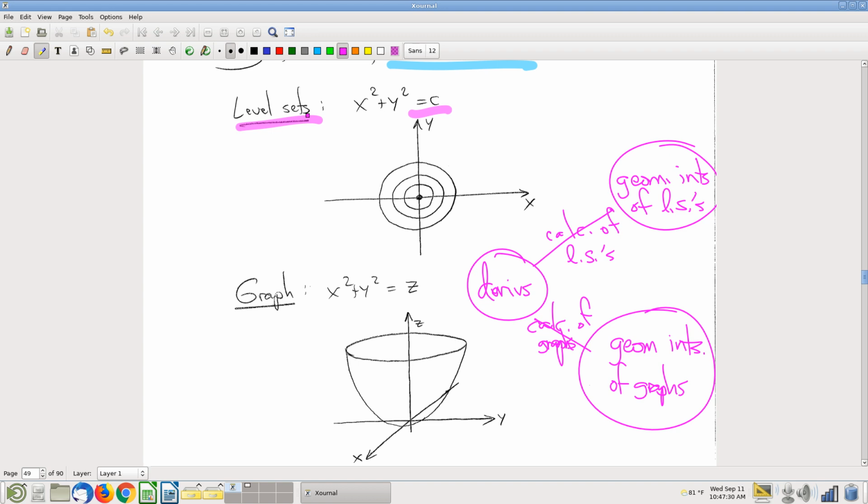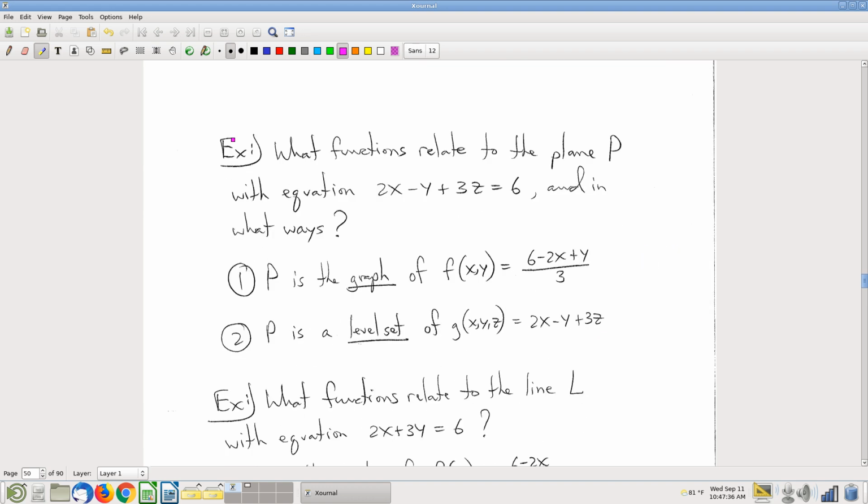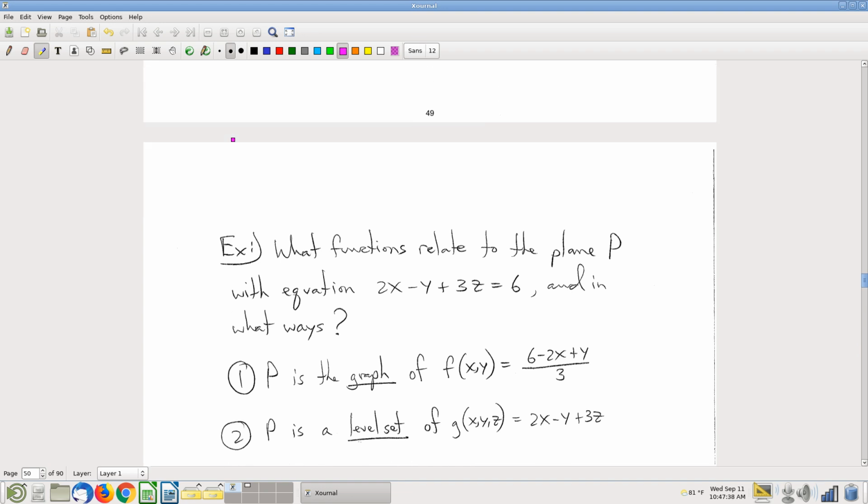How do we determine whether we use the calculus of level sets or calculus of graphs? It depends on the situation. It depends on what you want to know. It's hard for me to answer that question without having told you already what the calculus of level sets is and what the calculus of graphs is. We'll get to that when we get to it. It's going to be a little while.